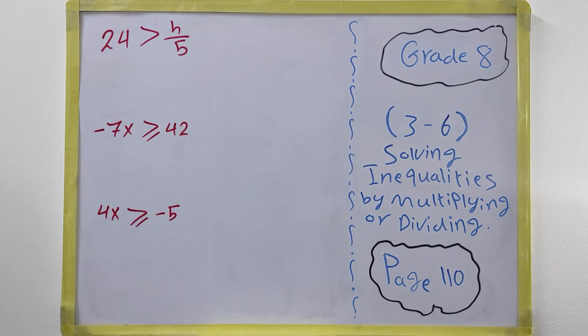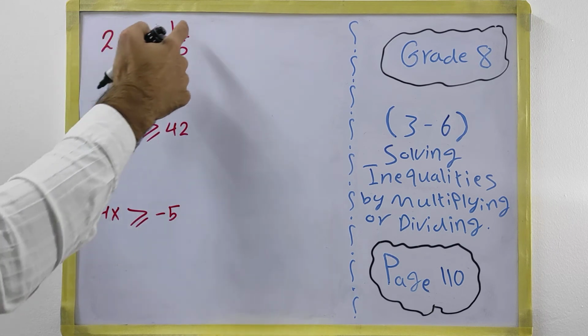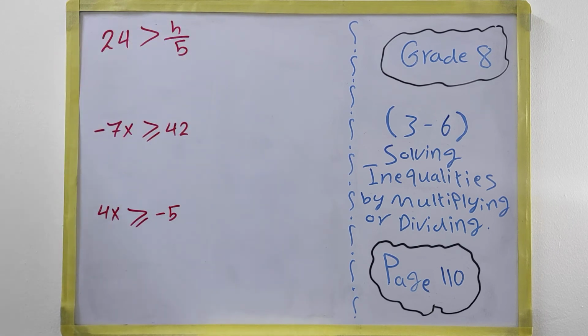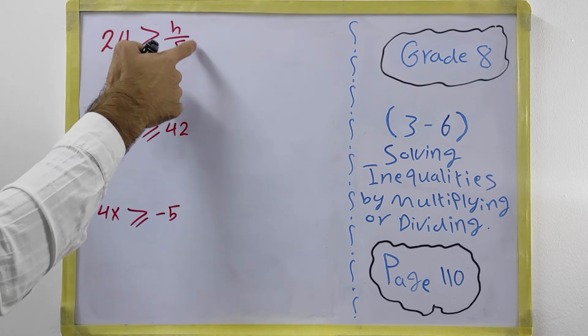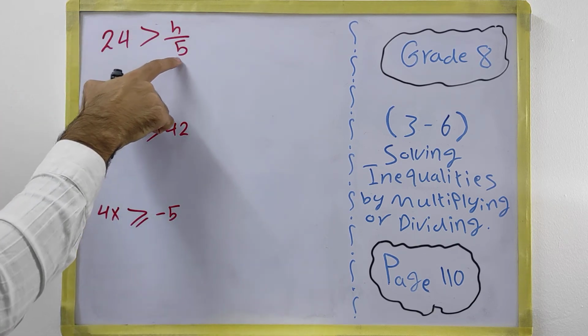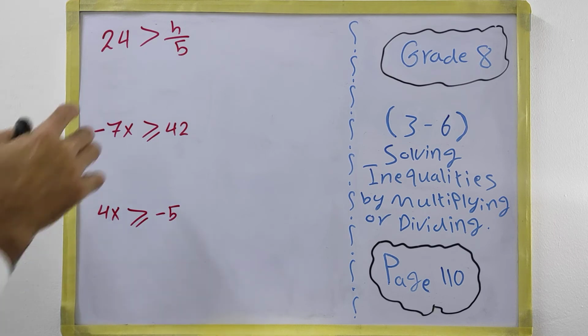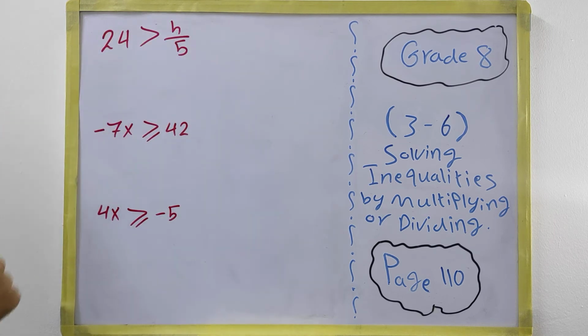For these three examples, at first, from the first one that we have h over 5. From the equations we said that whenever we have a fraction, whatever we have under the unknown value, which is 5 here, we multiply both of the sides by this number.